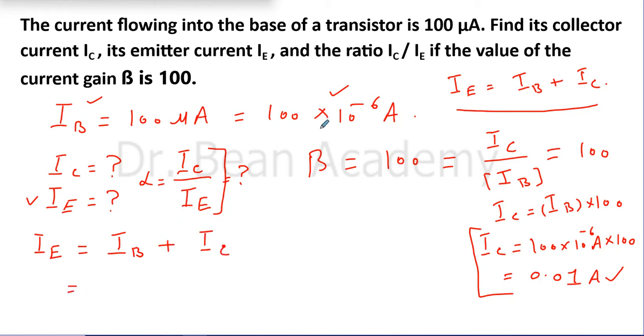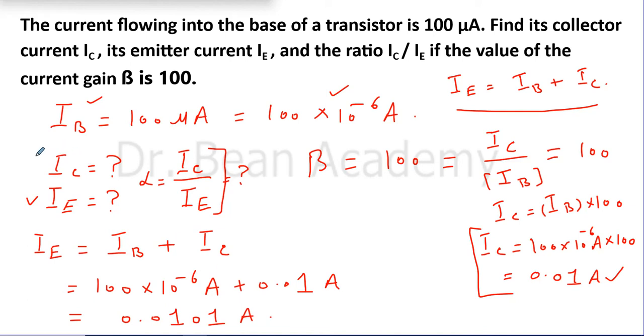IB is 100 into 10 power negative 6 ampere, plus the collector current, which I just found, 0.01 ampere, and the answer is 0.0101 ampere.